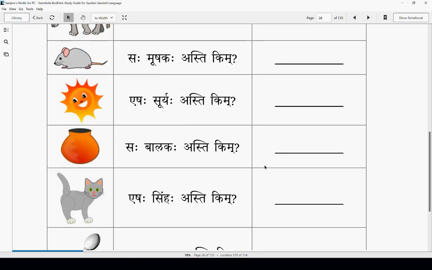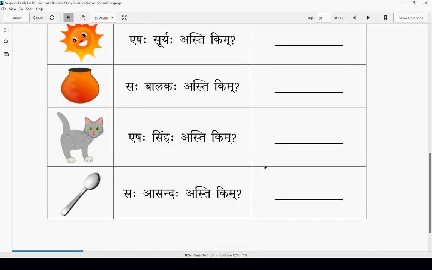Simhaha asanda. Saha asandaha asti kim? What is the answer? Saha asandaha nasti. Saha chamachaha asti. Chamasaha.